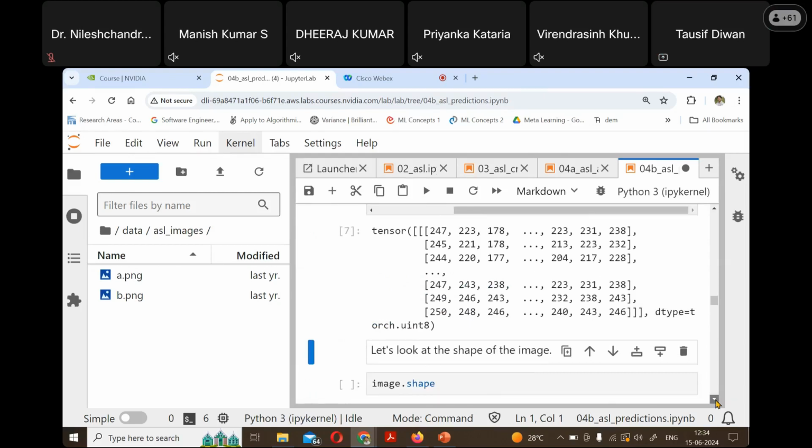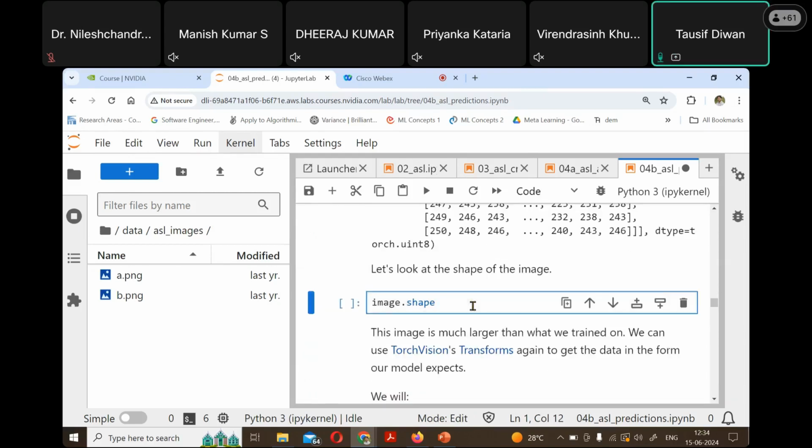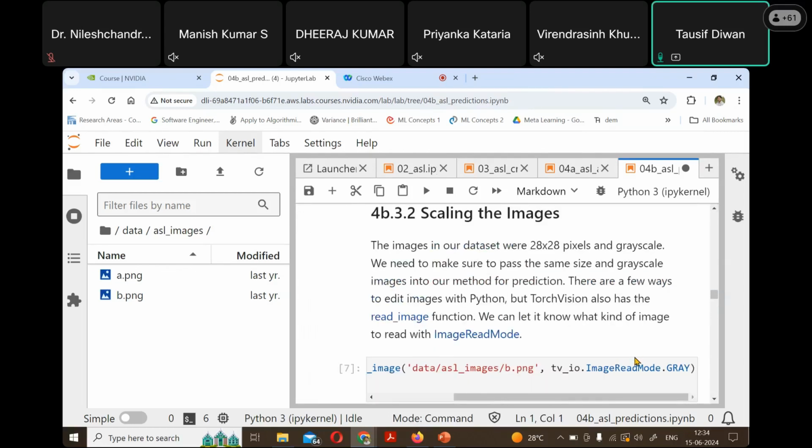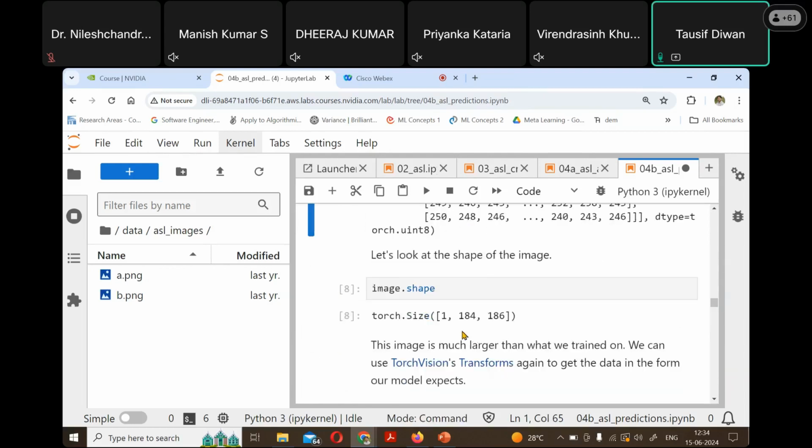So this is the tensor. We will see what the shape is. The shape is 184 by 186. Ultimately, in this particular cell we converted it into a grayscale input, whereas previously it was 3 by 184 by 186.